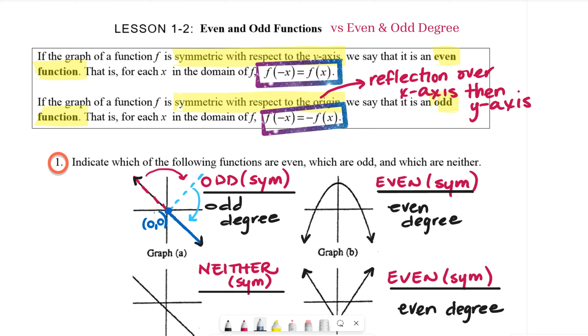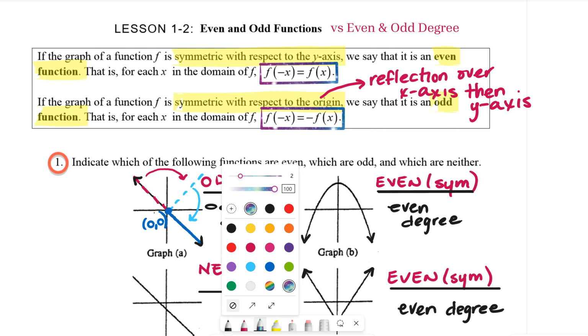I'm going to try and help you understand a little bit more clearly what those two equations are trying to explain to help you determine whether a graph is even or odd. f of negative x equals f of x is the even function definition, and f of negative x equals negative f of x is the odd function definition.